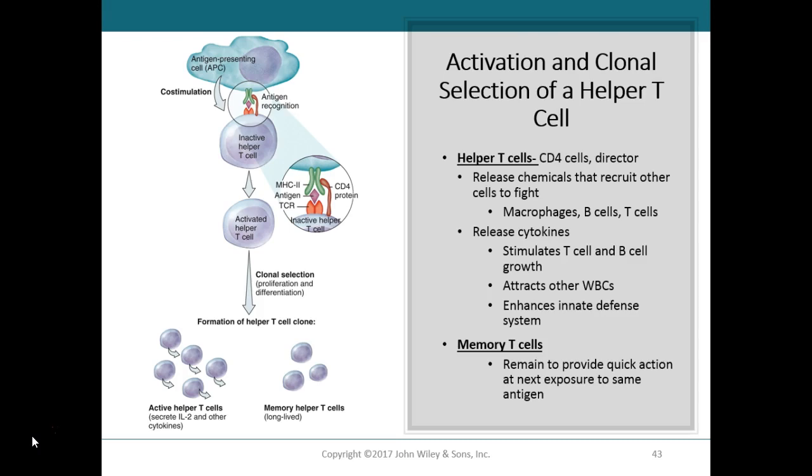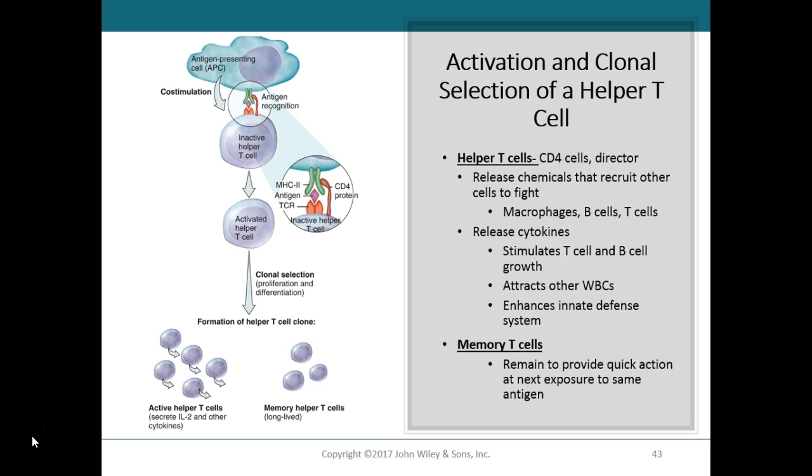Most T cells that display the CD4 develop into helper T cells. These helper T cells, of course, are going to recognize the antigen fragments at the surface of the antigen presenting cell, and then the helper T cell becomes activated. Once that helper T cell becomes activated, it undergoes clonal selection.